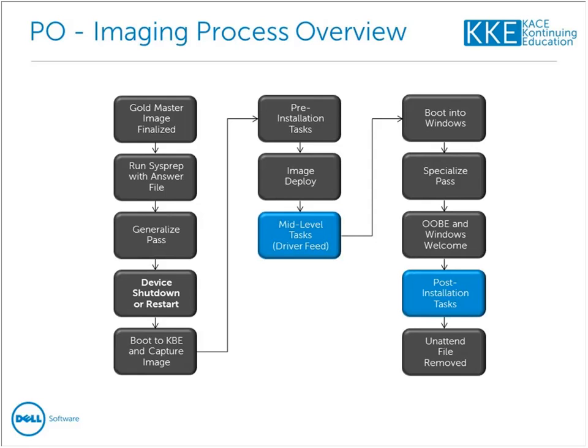But the two that are highlighted here, that's what we're going to be talking about today, the different phases and where they come in the deployment process. That's what's going to be important. So you can see our mid-level tasks in the middle column, the last thing there, and then our post-installation tasks towards the end, on the right side. We're going to be focusing on those two specific portions of our deployment process.